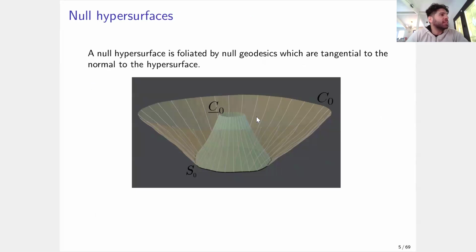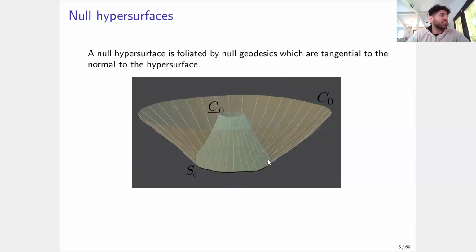And then what we discussed is, okay, instead of trying to glue space-times or to glue in the space direction, we try to glue in the null direction. And in order to do that, we need to be a little bit familiar with null geometry. I will discuss this a little bit more tomorrow, but for now, I want to remind you that a null hypersurface is one for which the normal vector is null.